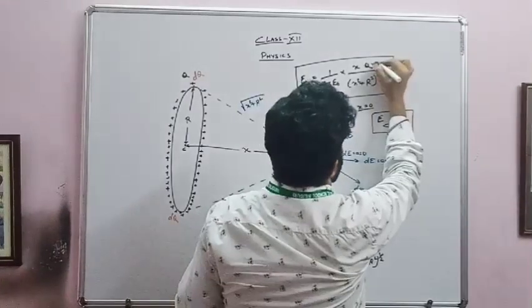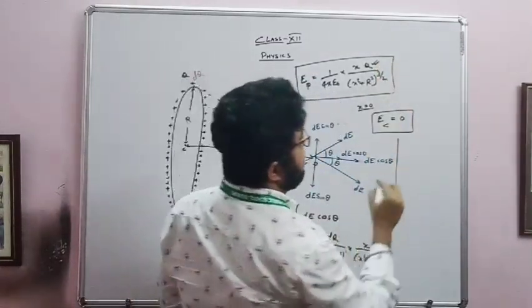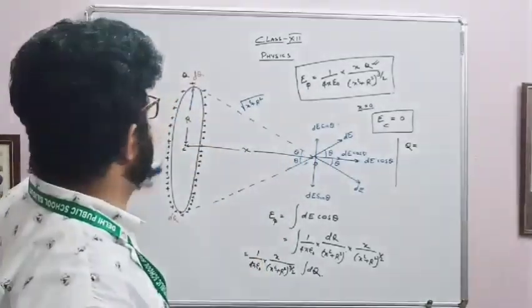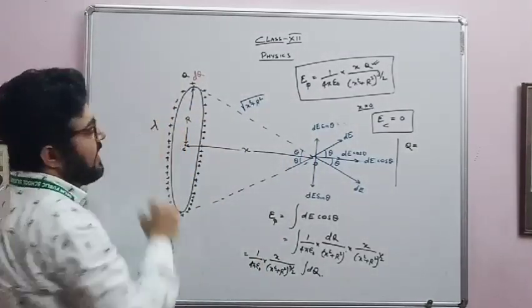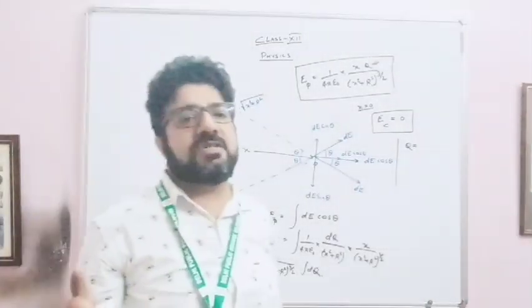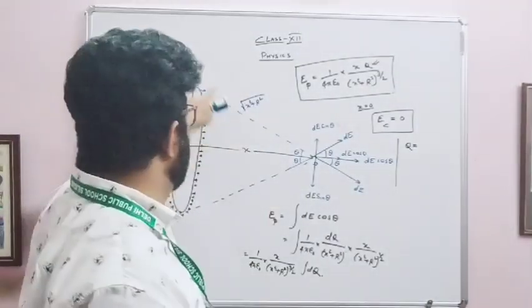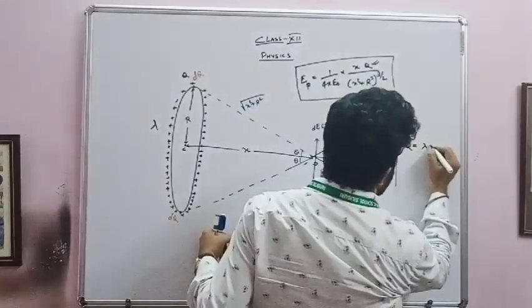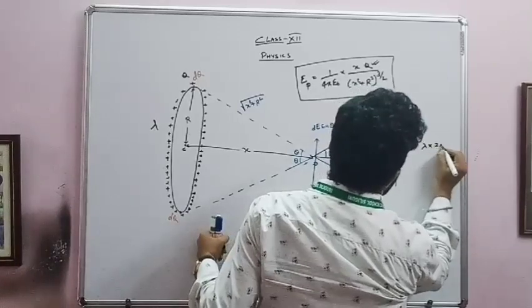Sometimes they don't give it in terms of Q, they can ask you in terms of lambda. Suppose lambda is the linear charge distribution. What do you mean by linear charge distribution? Charge per unit length. So in that case, what is the charge on the ring? Lambda into circumference 2 pi r.